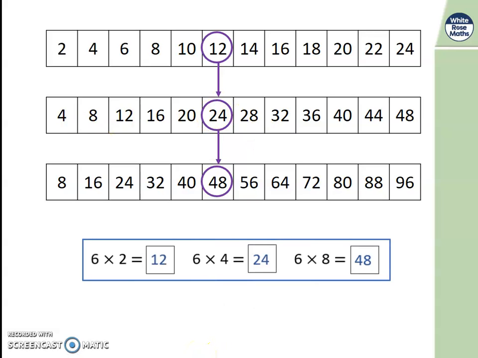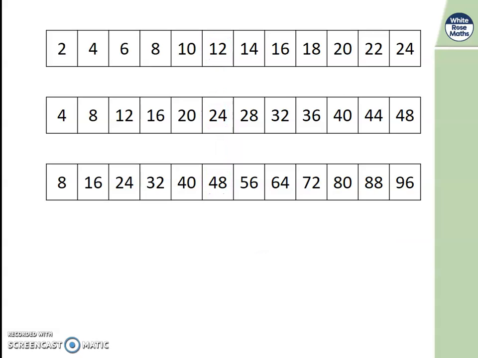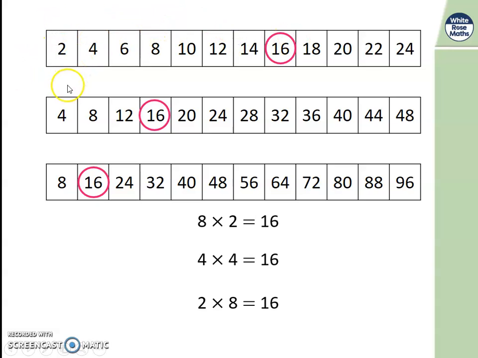Let's have a look at if we have the same number each time. There's 16, there's 16, and there's 16. What can you tell me about these numbers? Look at the number tracks. How many times do we need to count up to get 16 each time? Let's have a look.